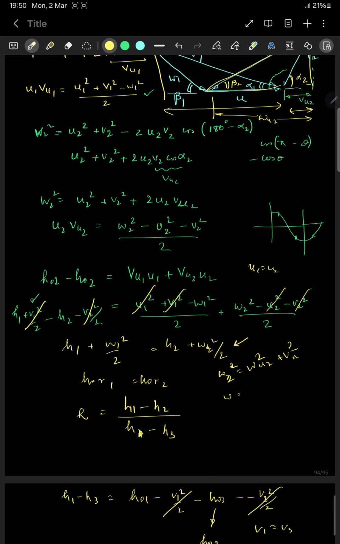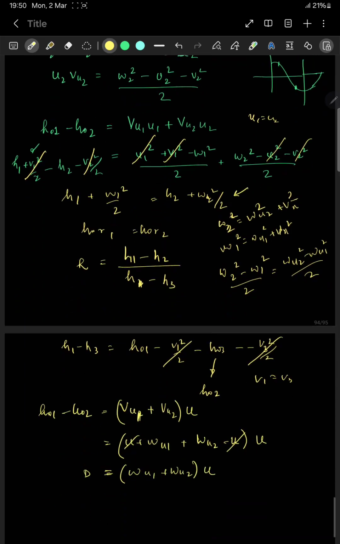And w1 square equals wu1 square plus vx square. So w2 square minus w1 square by 2 equals wu2 square minus wu1 square by 2.